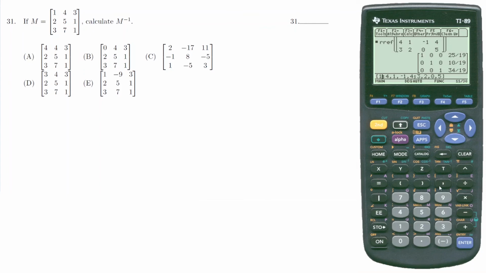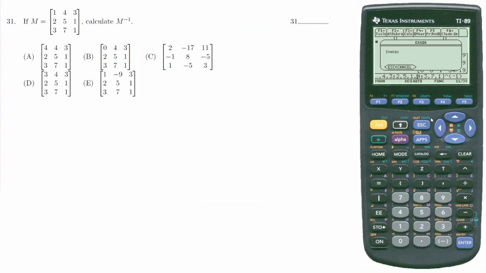So it's 1, 4, 3. Here it is 2, 5, 1. And here it is 3, 7, 1. And then I'm raising that to the negative power.